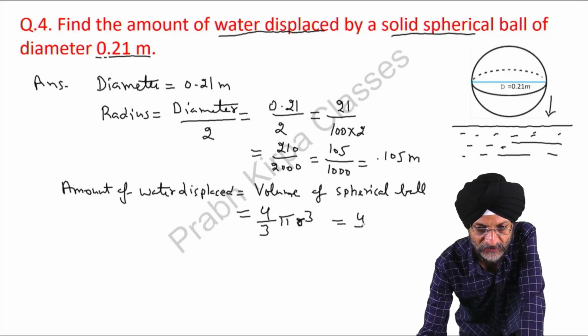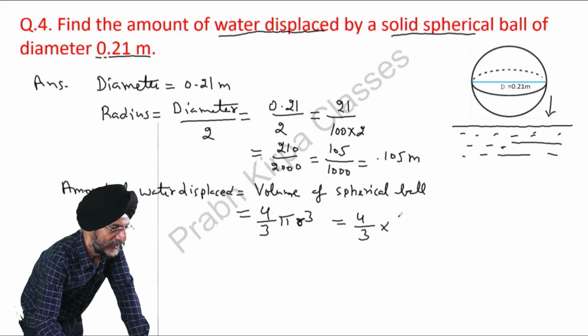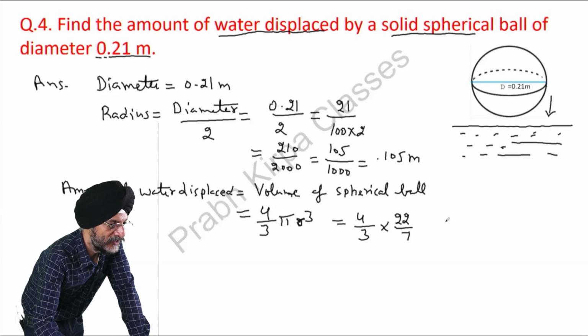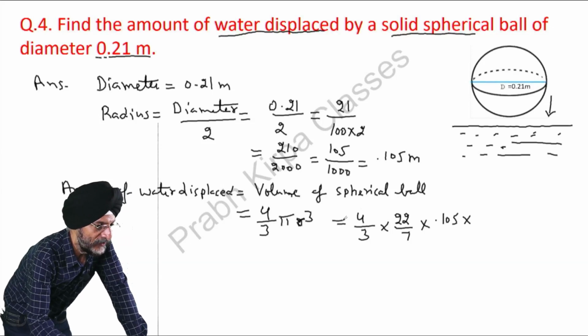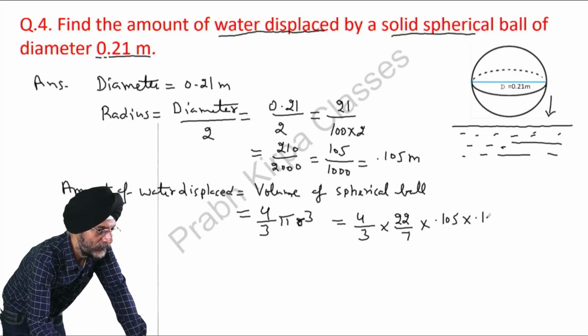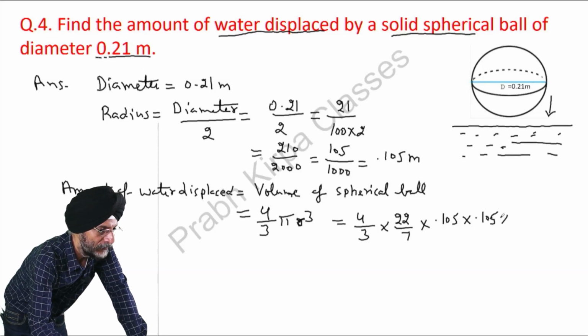We will put in the relevant values. Pi is a mathematical constant and is represented by 22 over 7. What is the value of r? It is 0.105. Here r cube is given, so we will write 0.105 three times.